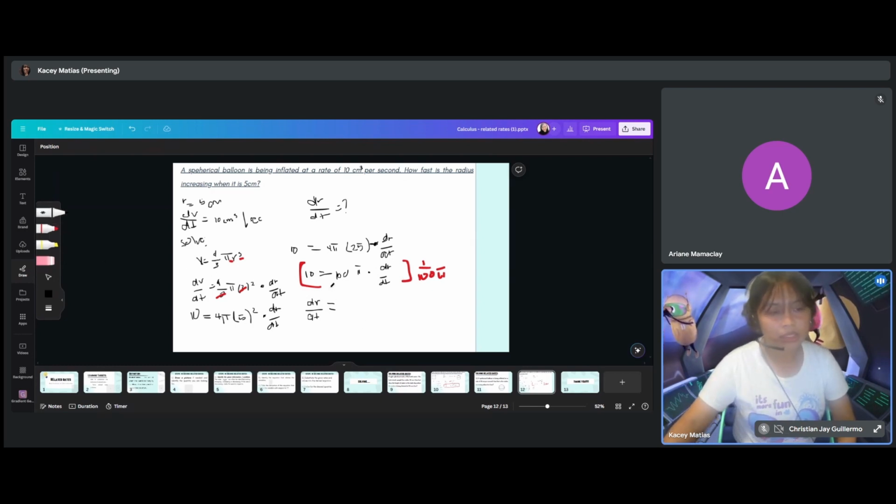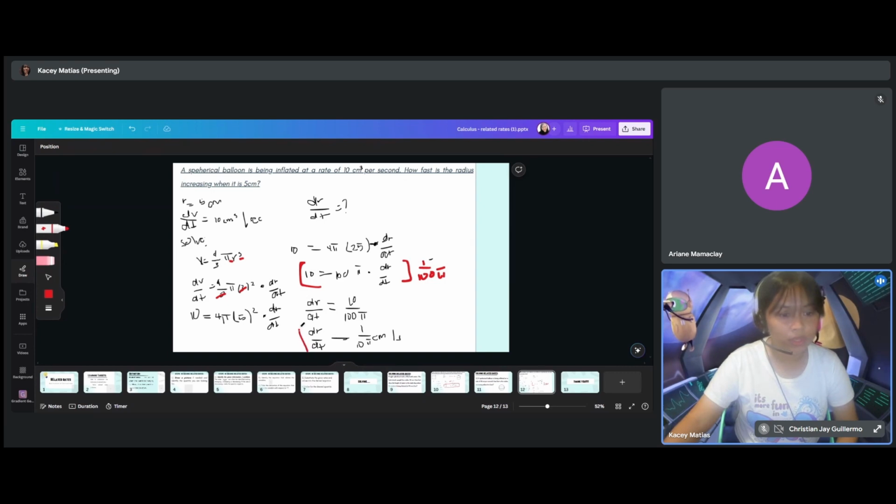So, i-times lang natin si 10 times 1. So, magiging 10 over 100 pi. Isi-simplify lang natin si 10 over 100 pi, magiging dr over dt equals 1 over 10 pi centimeter per second.